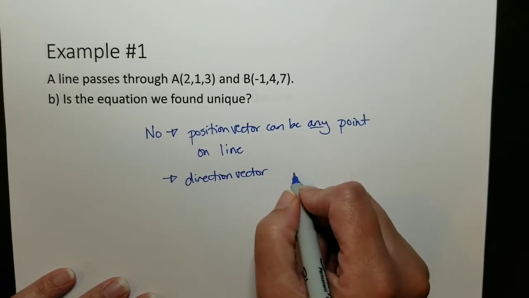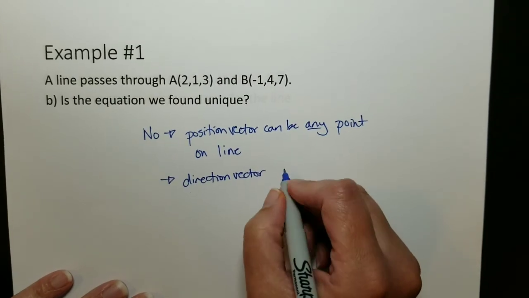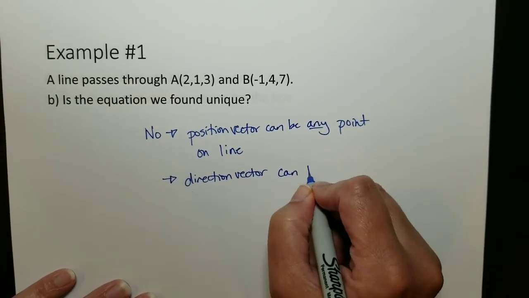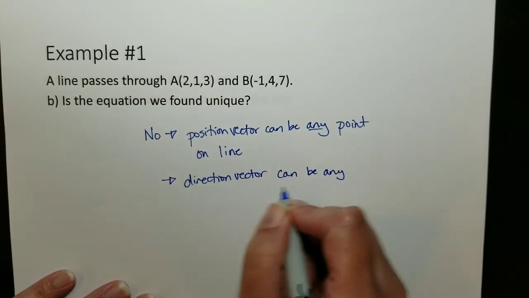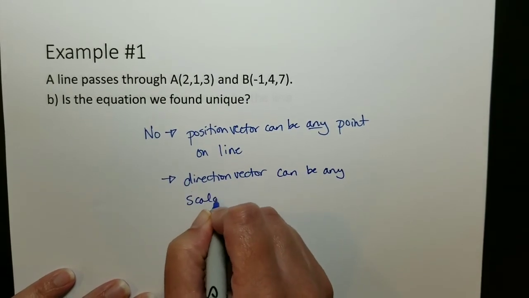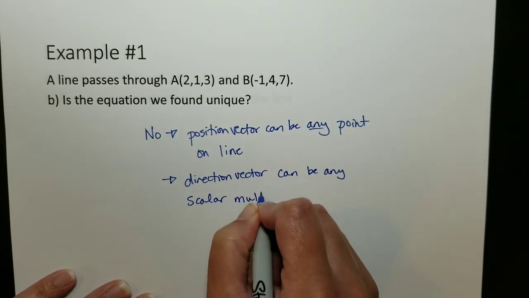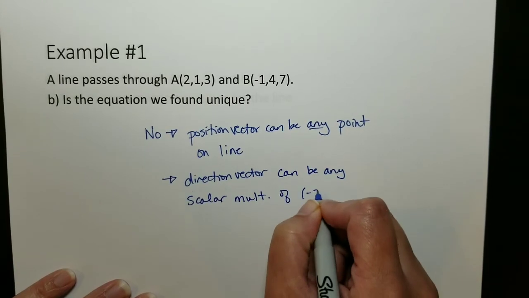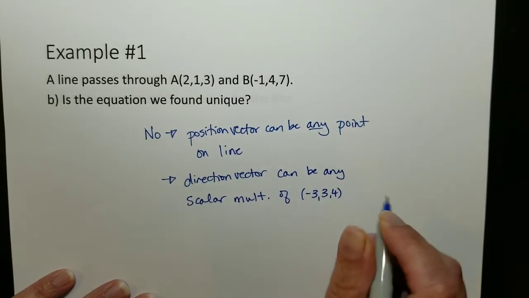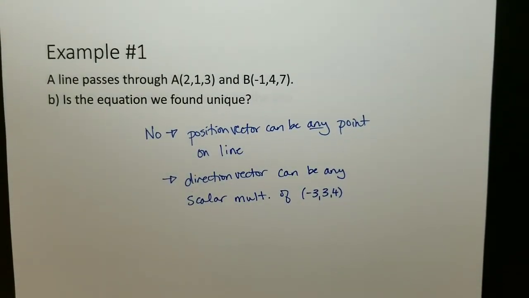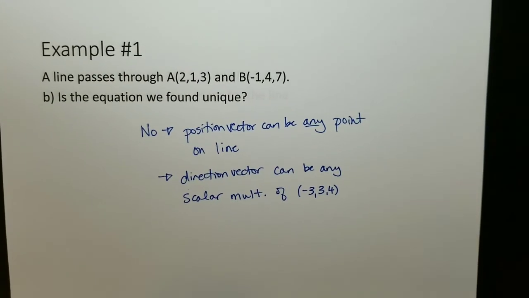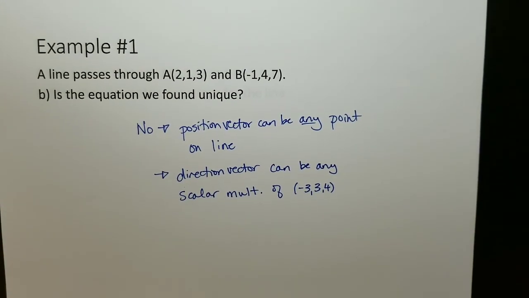It has to be a scalar multiple of the direction vector that we found. So that was the direction vector AB that we found, and your direction vector for any correct answer for this has to be a scalar multiple of that.